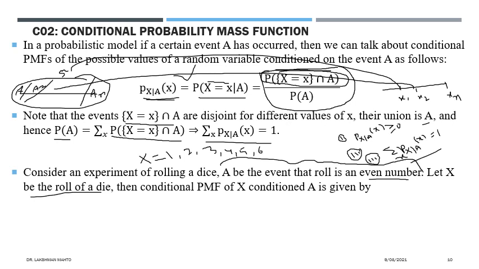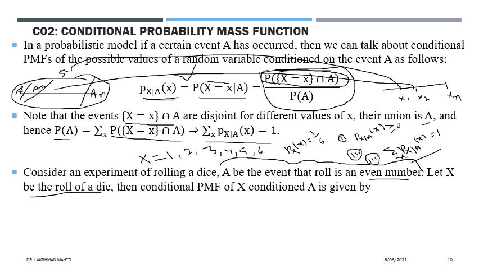But if you are not observing A, from that perspective the distribution of X would be what? 1 by 6. It is a uniform distribution, it would be 1 by 6. For each value of X, probability would be 1 by 6. So this is the distribution for this random variable. It is a uniform random variable.